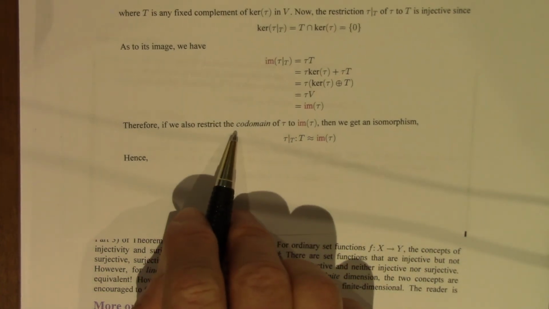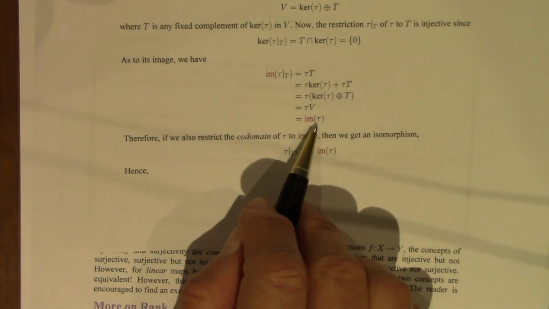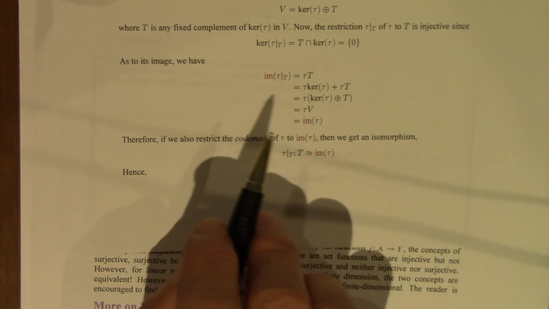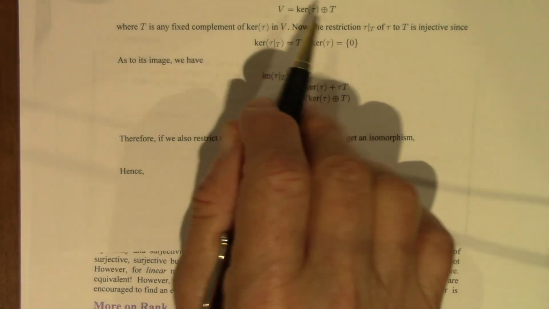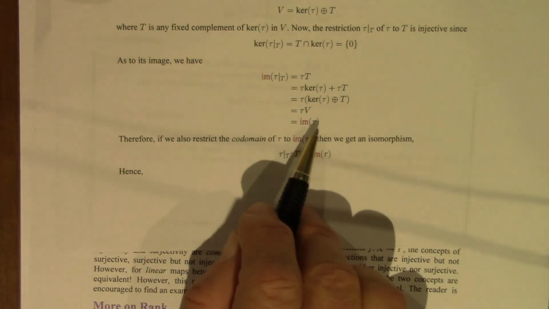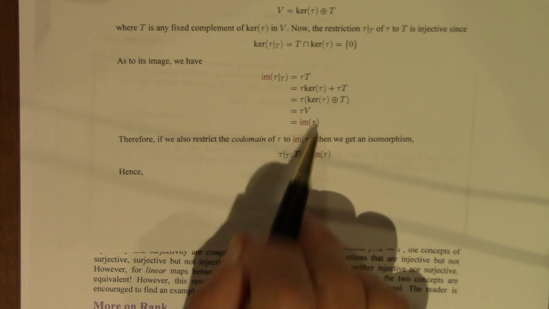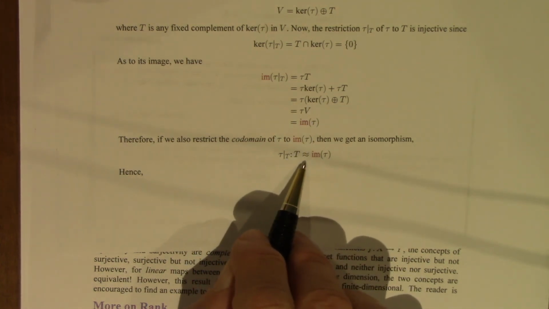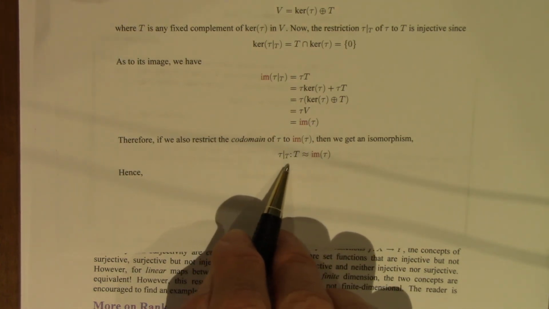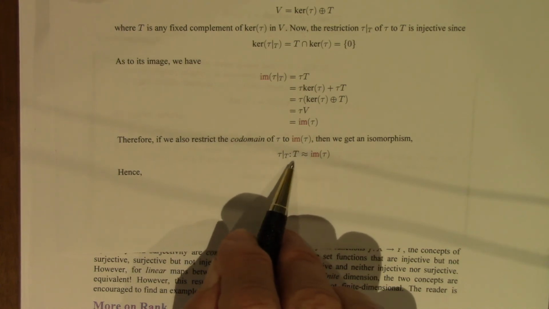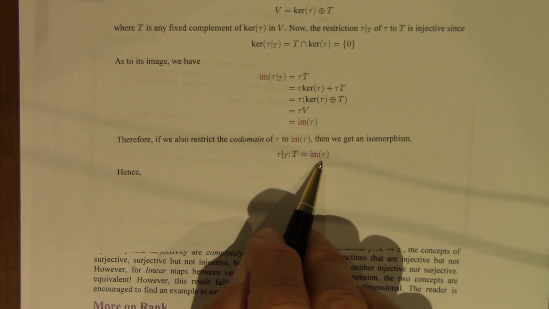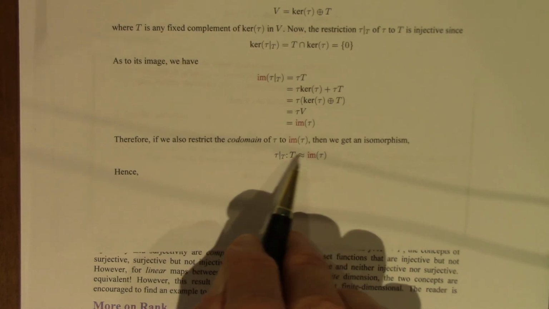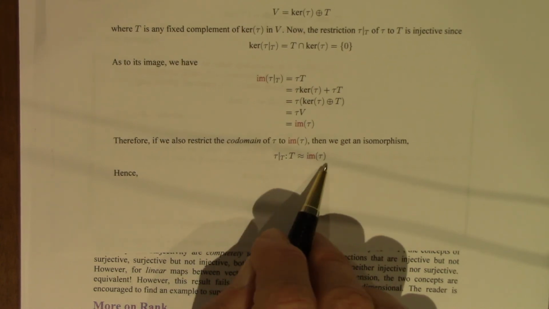So, if we also restrict the codomain from W down to the image of tau, we get an isomorphism. The restriction of tau to T is an isomorphism from T to the image of tau. So these are in fact isomorphic.